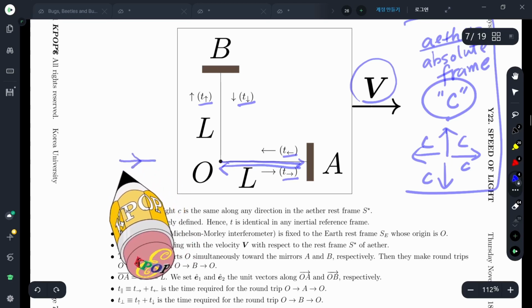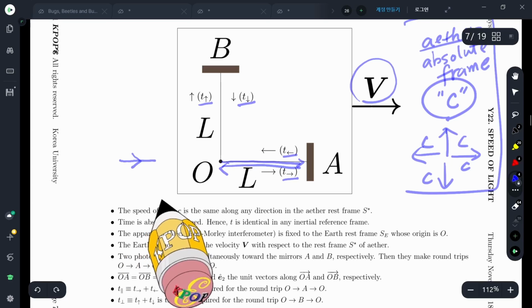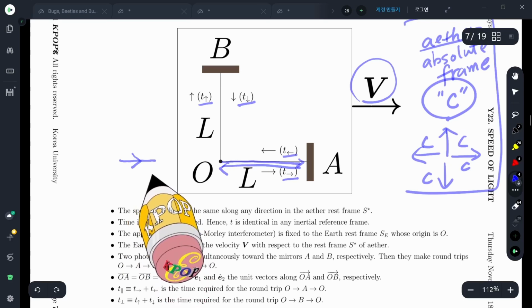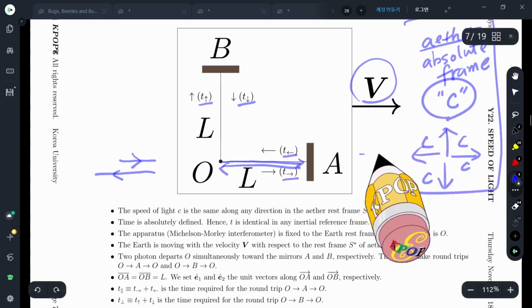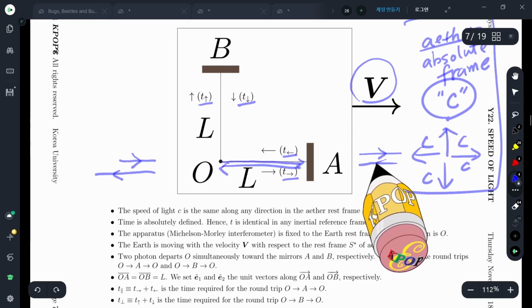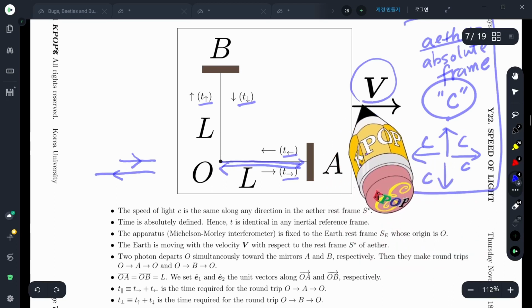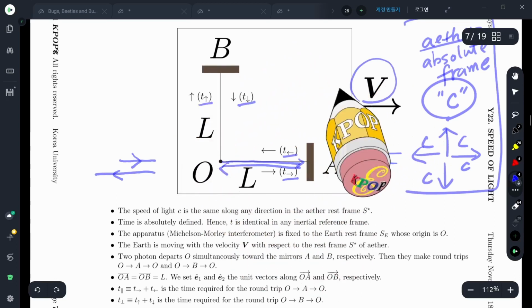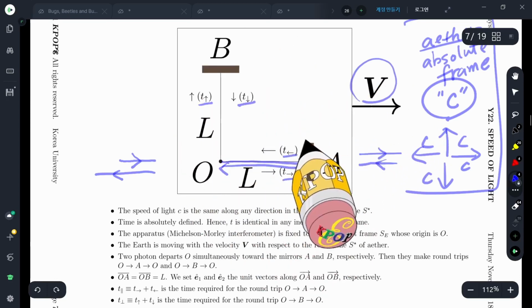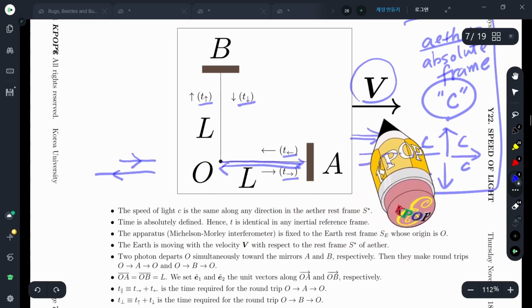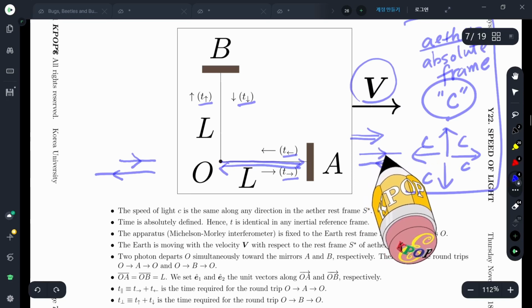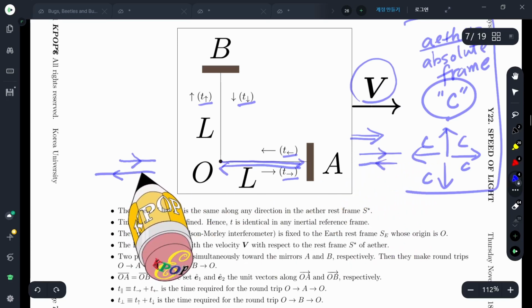The light wave goes with this velocity. When it returns, it should be much faster. In here, the speed is the same. But if the frame is moving along the direction, this amount, capital V, should be subtracted to find the final velocity.